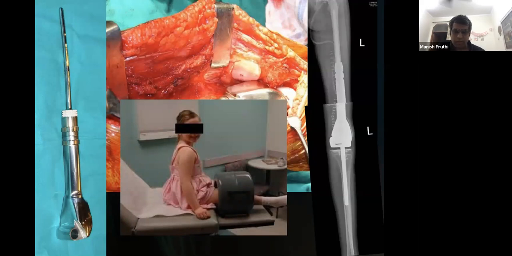Usually this prosthesis allows for almost 8 to 10 centimeters of lengthening. So at every visit, the child's limb is lengthened. For the rehab, because these are fixed prostheses cemented proximally and distally, weight bearing is allowed immediately, and the lengthening is continued at every follow-up.